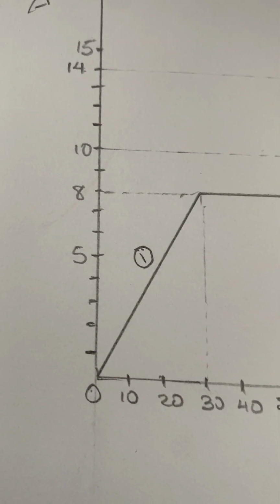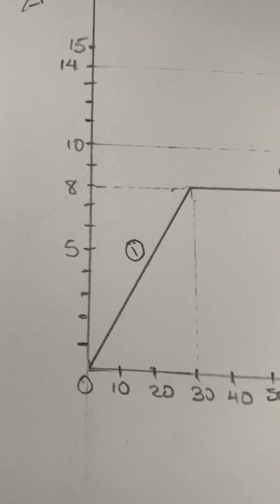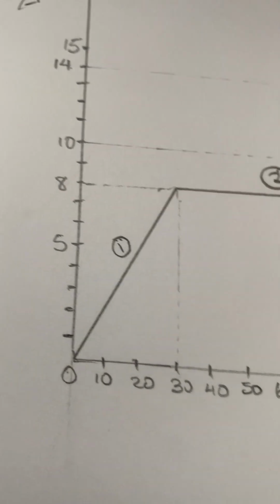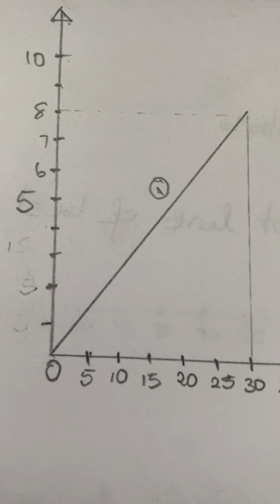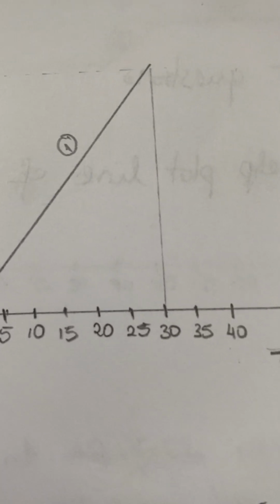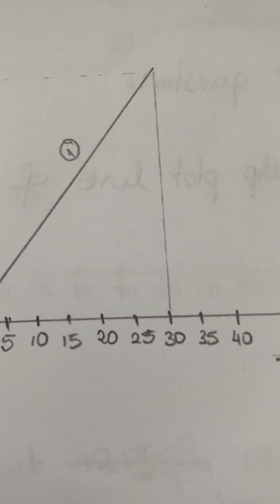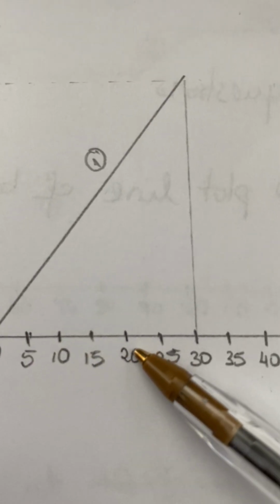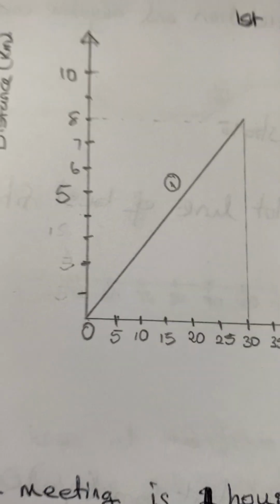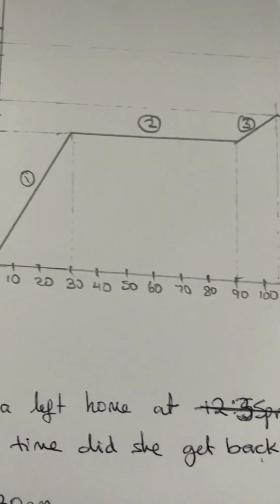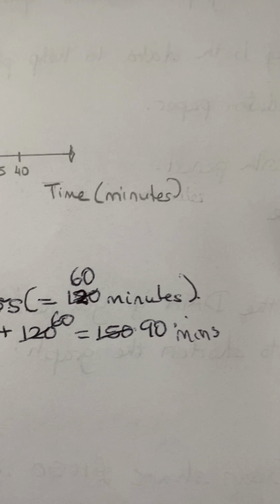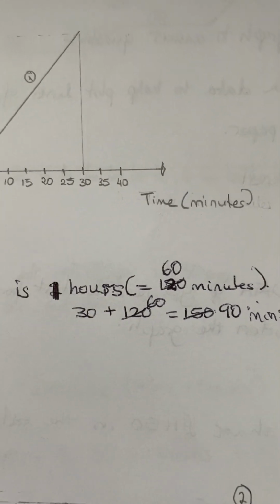But if you look at it before you start, look at the beginning of my graph. I started the time axis as 5, 10, 15, 20, 5, 10, 15, 20. But I realized that if I do that, I will end up needing more space.